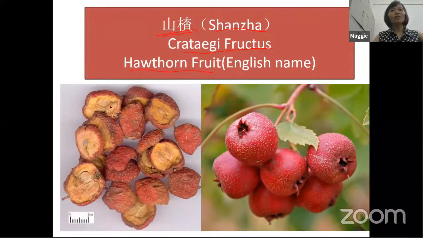About this crude drug: the left picture is the crude drug, and the right picture is the fruit on the tree. So these are the introduction.